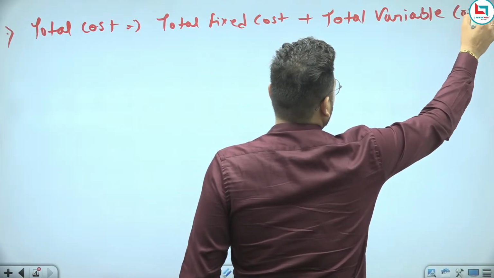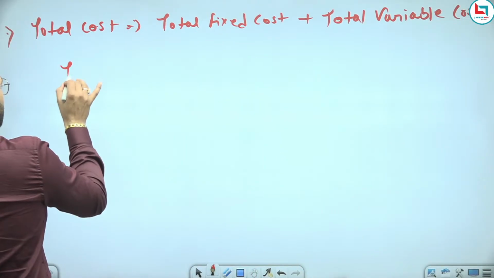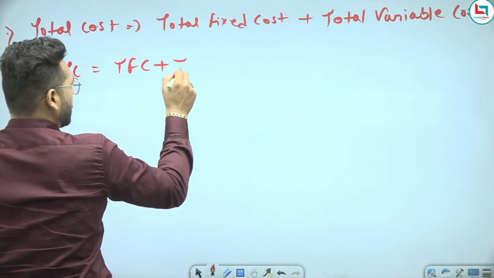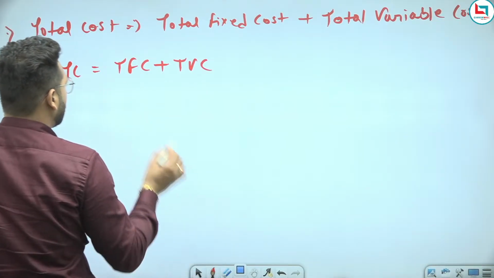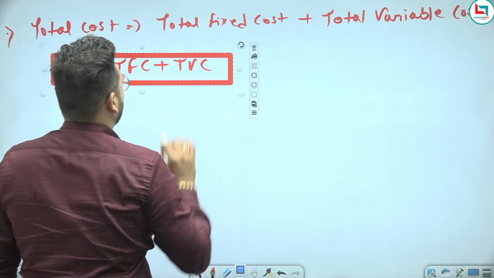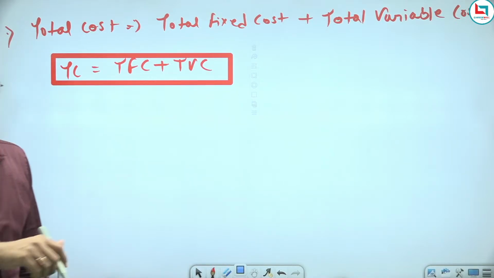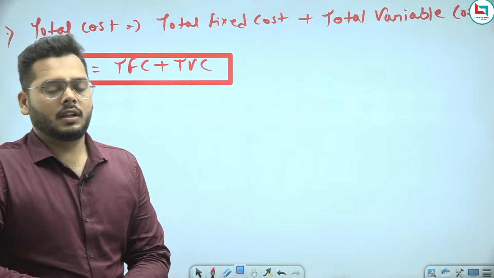So we can write in short form that TC is equal to TFC plus TVC, and TFC is always fixed at every level of output. So this is what is called total cost. Clear to everyone?